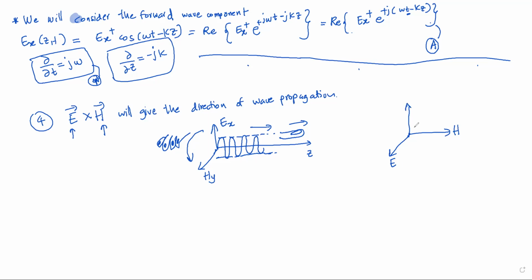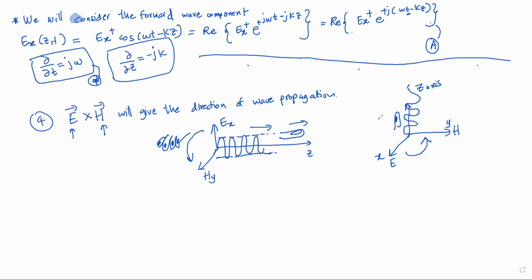So if you take the fingers starting from the electric field and move them towards the magnetic field direction, our fingers will move in this direction. And then our thumb will be in the vertical direction. In that case, the wave will be propagating in this direction. So if this is the x-axis, this is the y-axis, then the wave will be propagating in the z-axis.